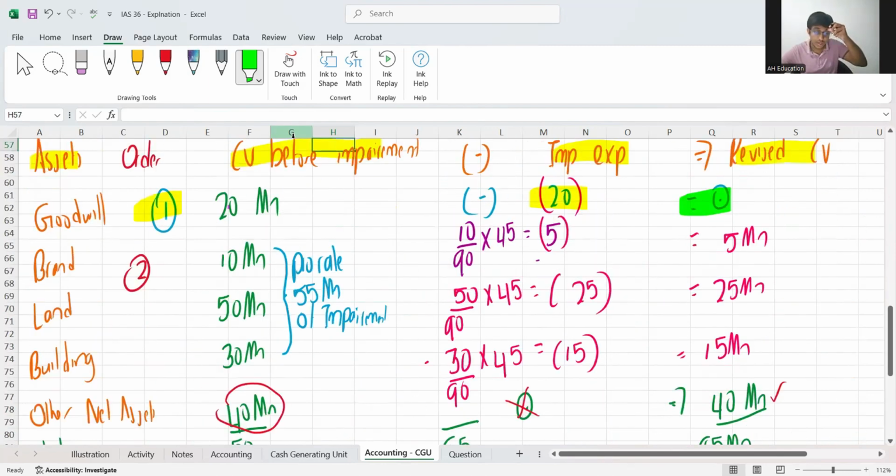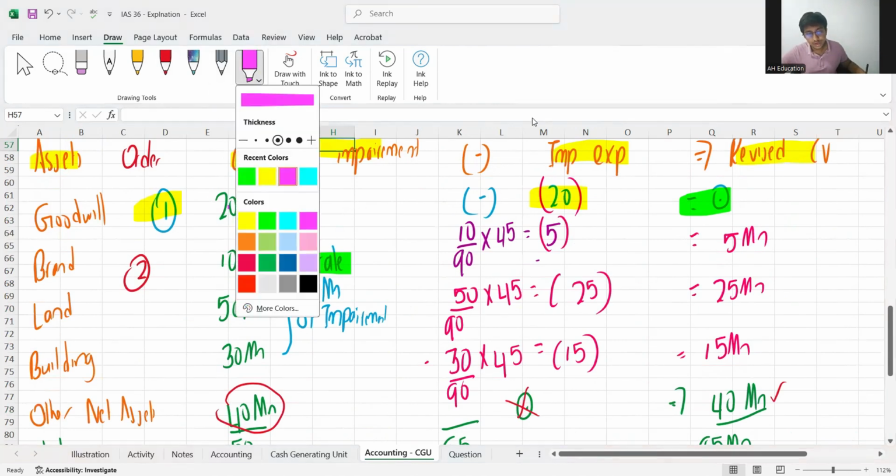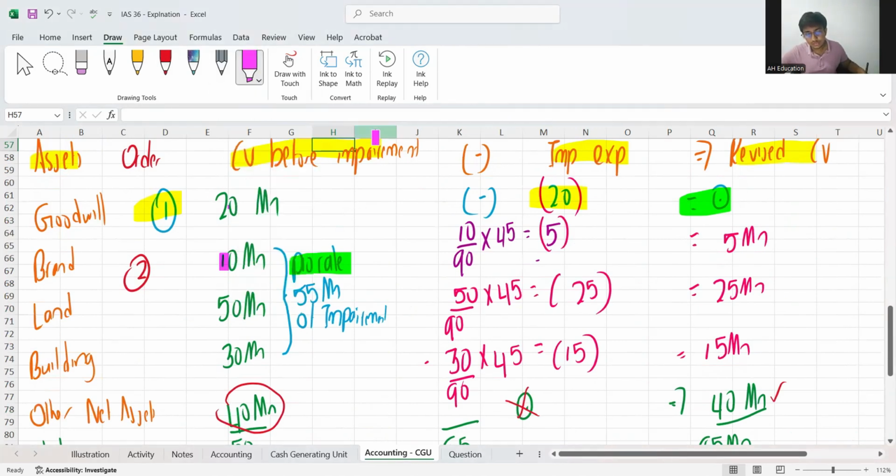Now, how do I allocate it? I told you, there's a method called prorate or pro rata basis. This is how I'm going to do it. We have a remainder of assets of 10 million, 50 million, and 30 million. Sum all of this up, they add up to 90 million.